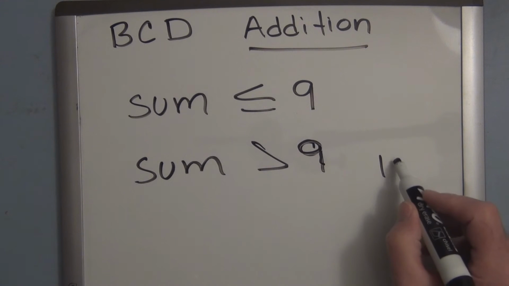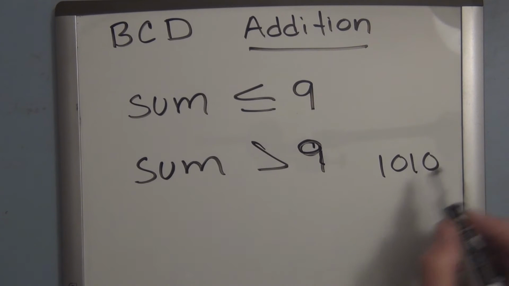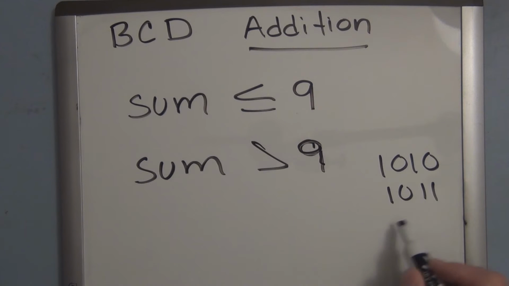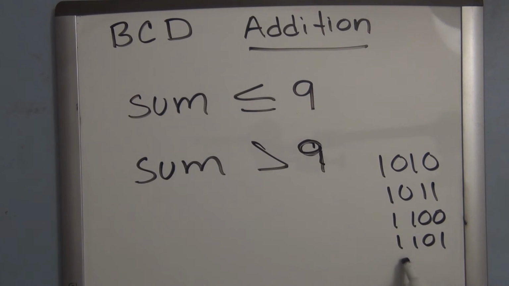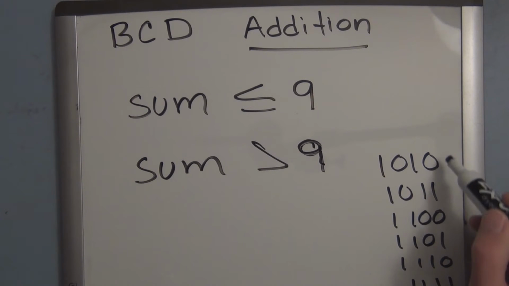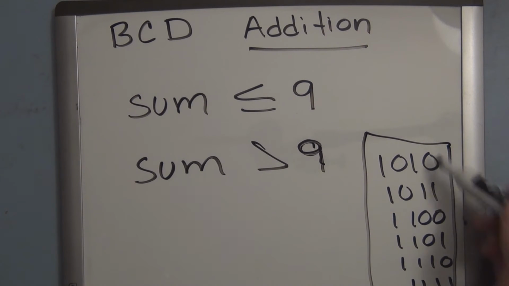Remember that there are 6 4-bit code groups that we can't use: 1010, 1011, 1100, 1101, 1110, 1111. So we have to come up with a way of getting the correct sum without using these forbidden 4-bit code groups.